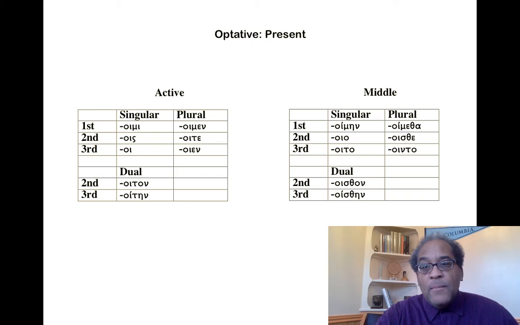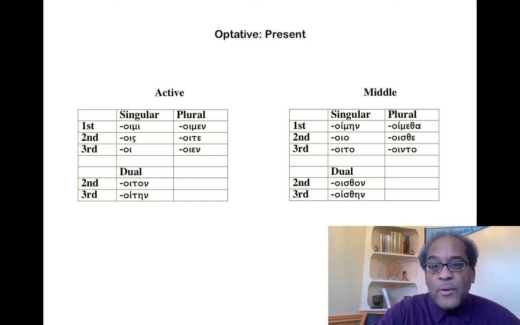Now note in the middle, the second singular, where you always have that disappearing sigma between the vowels, because the ending is sigma omicron, but that sigma disappears, and that gives you this rather strange ending of omicron iota omicron in the second singular of the middle.